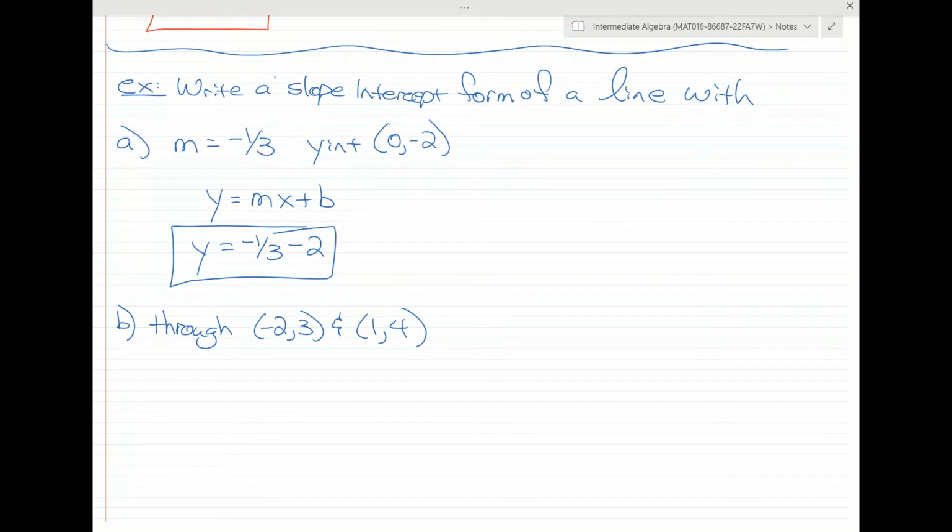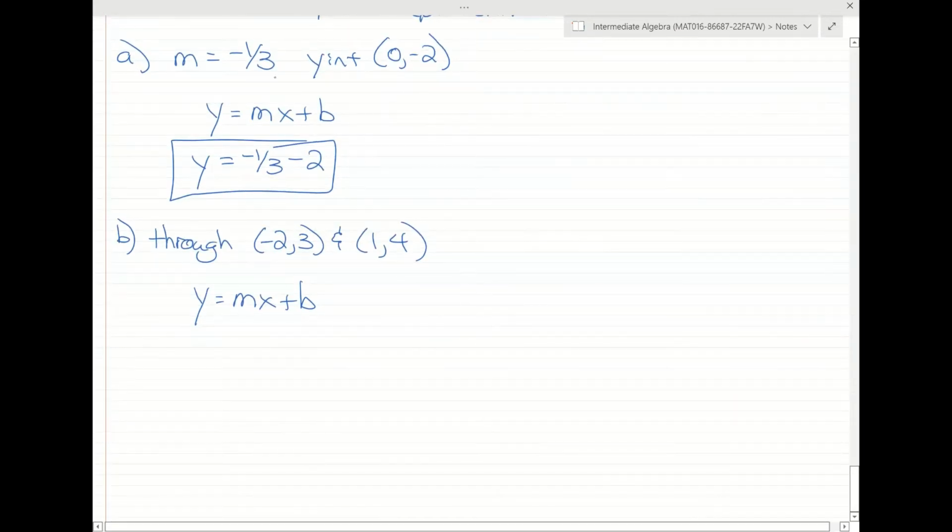Well, again, we're trying to figure out what goes into y equals mx plus b. And this one's a little more advanced because we don't have a slope. But we have 2 points, right? Because we have 2 points, we could find the slope. It's just one extra step.